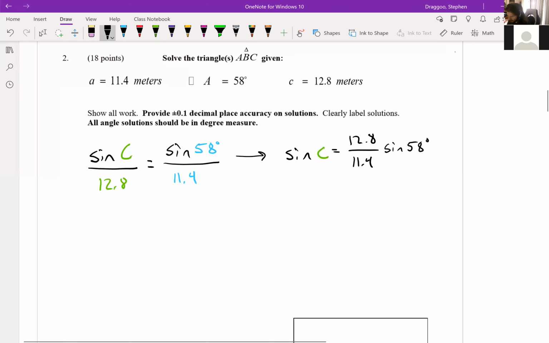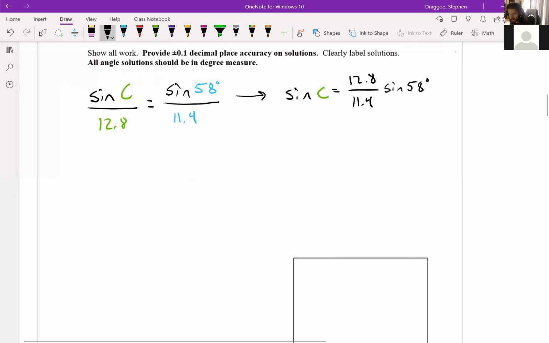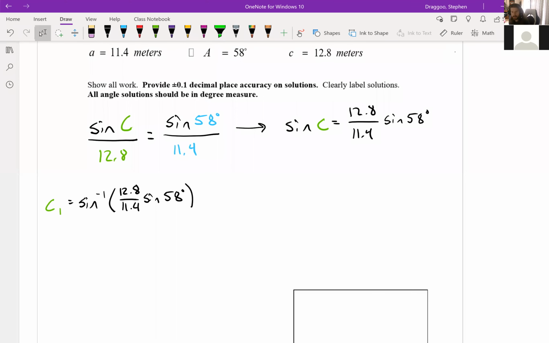And here is where everything should split, and there's a big answer box that's going to get in the way, so hopefully I'll have enough space to get everything down. I'll start with C1, which is equal to the arc sine of everything on that other side, 12.8 over 11.4 times the sine of 58 degrees. I'll put the given information on there as well so we can see it all in one spot.